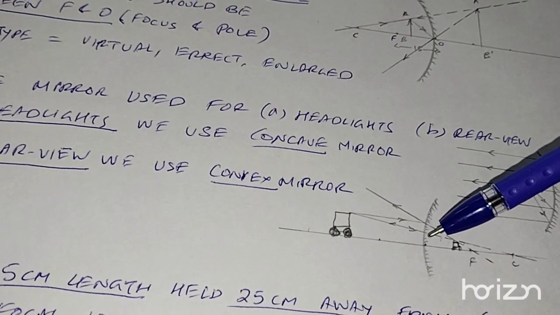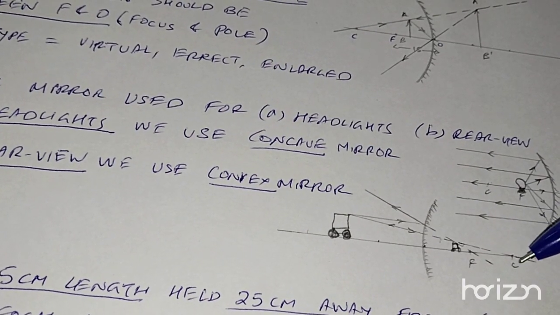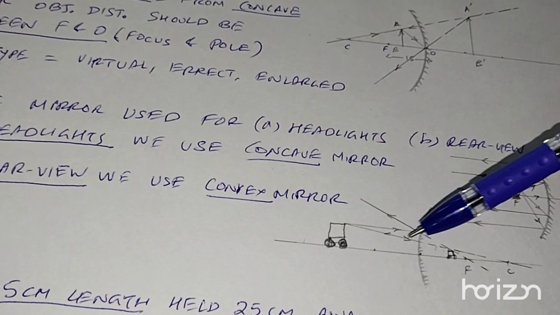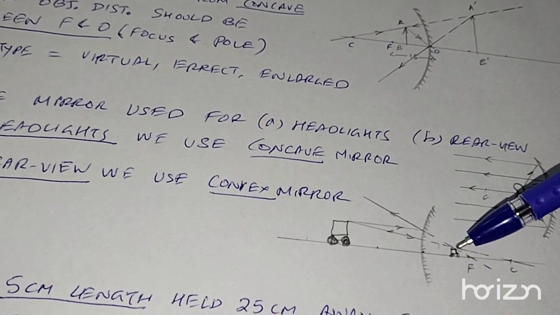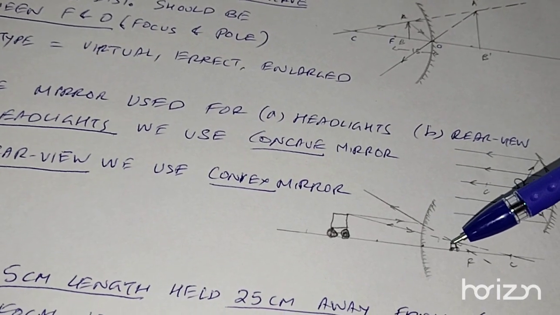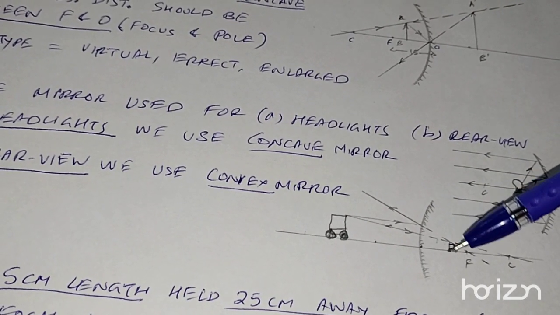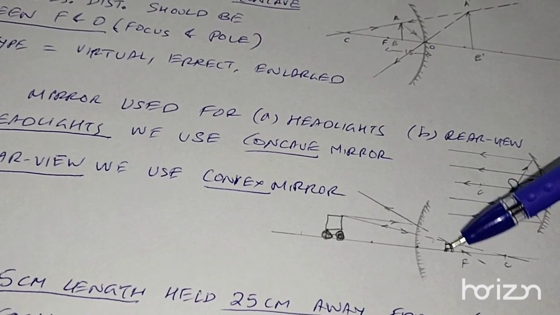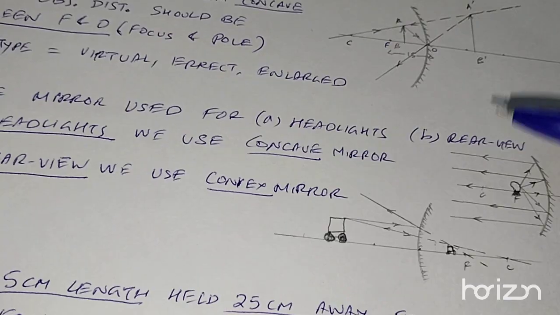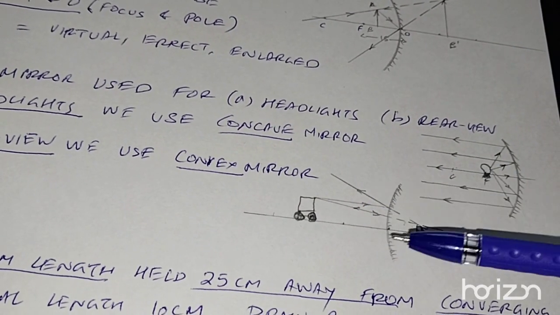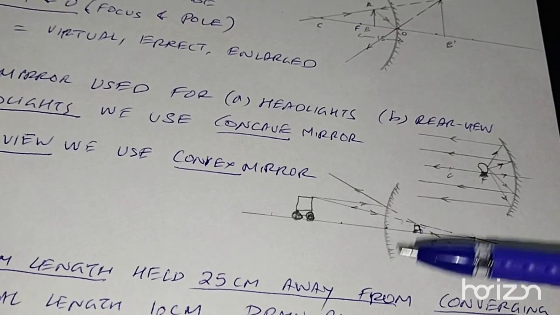The ray going in the direction passing through the center of curvature reflects back along itself. These two rays appear to emerge from the top part of the image formed here. So the image formed is smaller than the object, which allows us to see the whole object. Therefore we use a convex mirror for rear view mirrors.